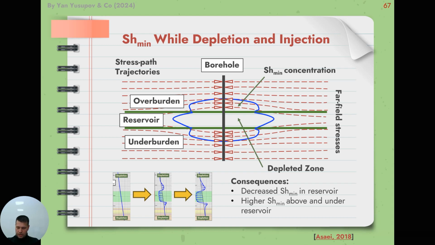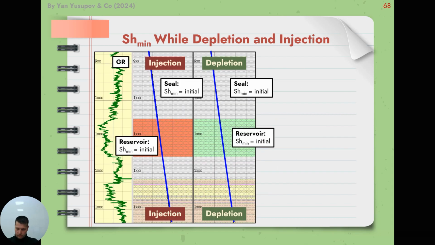The total stress change induced by fluid production or injection, stress arching, can have negative consequences such as cap rock failure, fault reactivation, wellbore and casing damage.